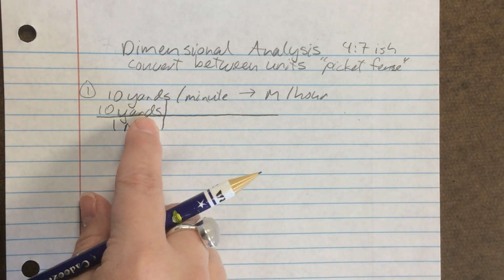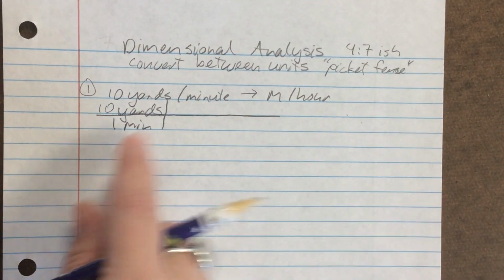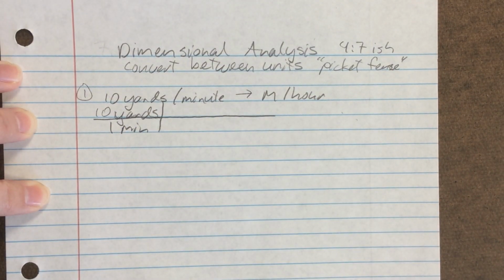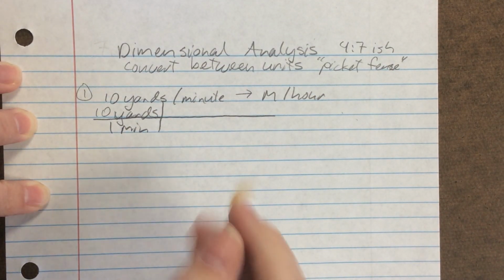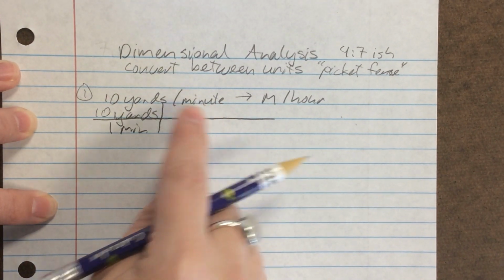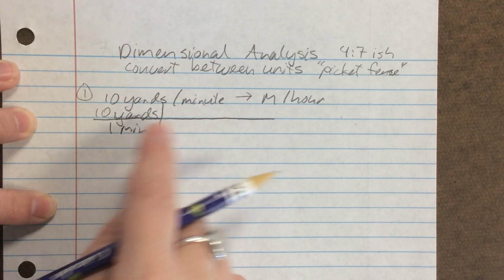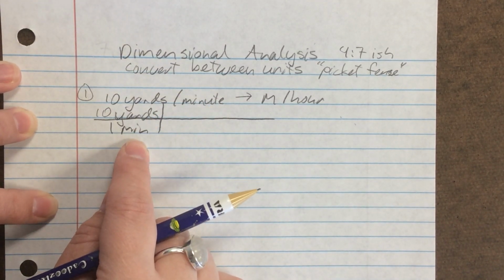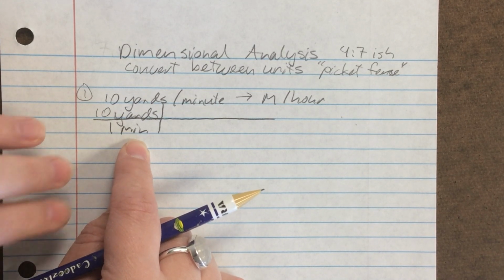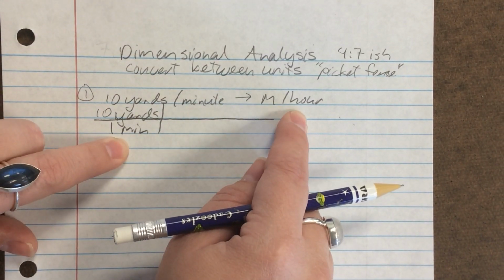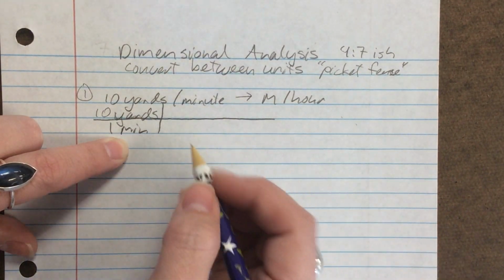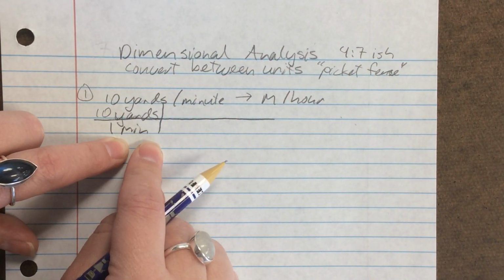So now you get to choose if you want to change your minutes first or your yards first, because we have to change yards to miles and we have to change minutes to hours. Let's do minutes to hours first, just because that is only going to take one step. Now, the key to this is, remember with our cross simplifying, you want to have one on top and one on bottom to be able to cross them out. We want to do the same thing with our units. So we're going to think of how many minutes are in an hour, and hopefully you know that there's 60 minutes in an hour.